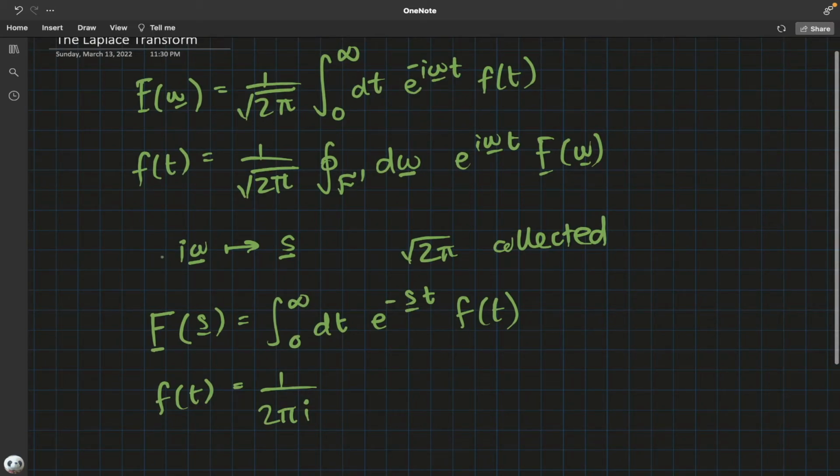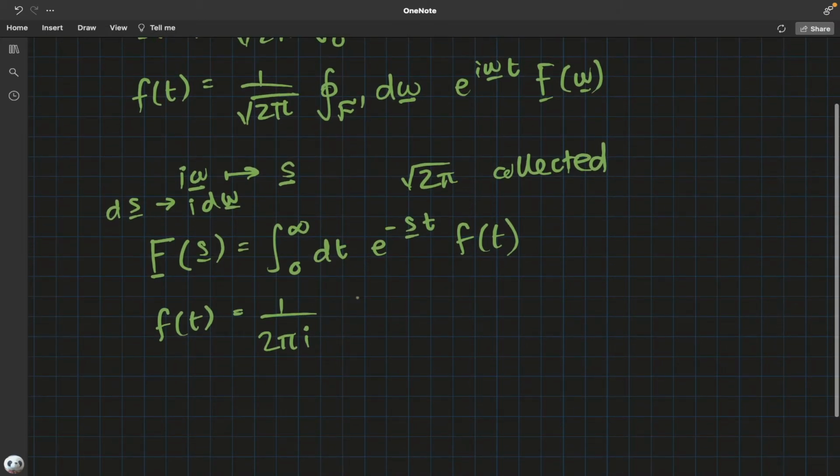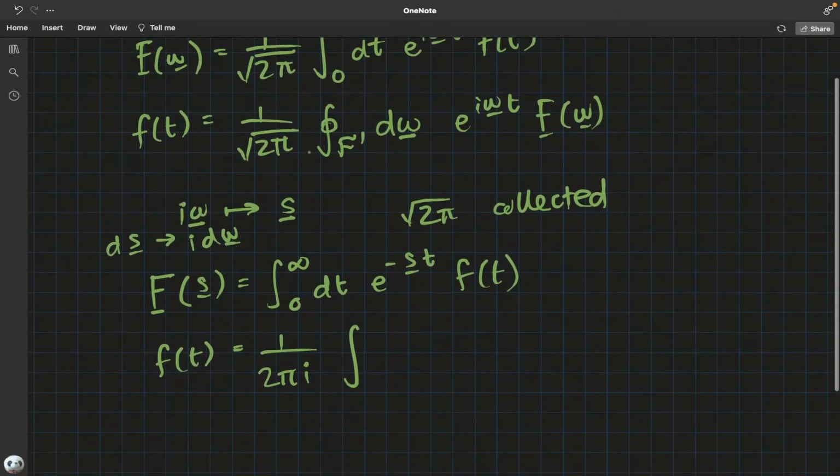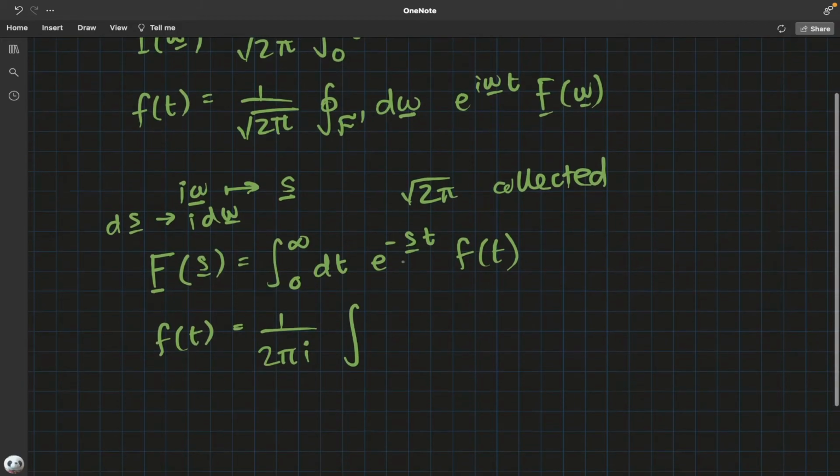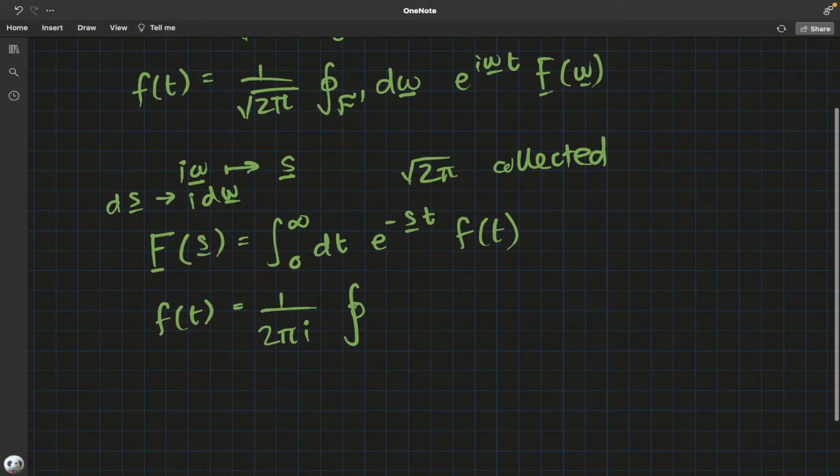We need to account for the fact that ds is i d omega. So we have this extra lingering factor of i from the differential. And now instead of a Fourier contour, I'm going to denote it as an L. I have ds e to the st F of s.